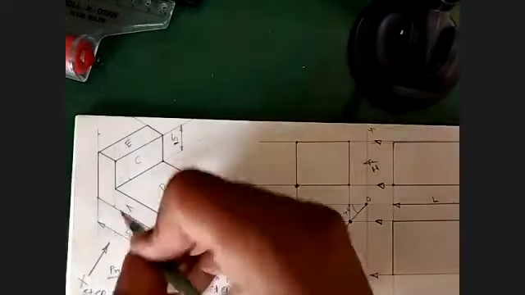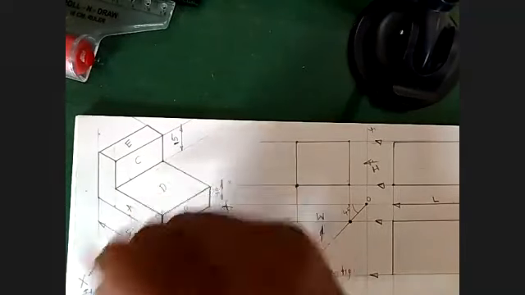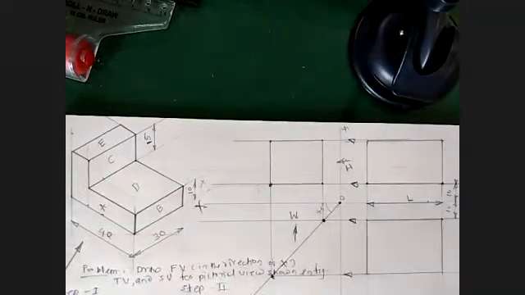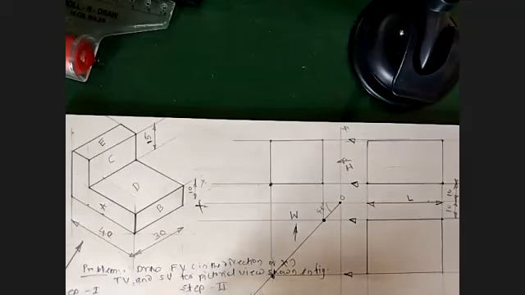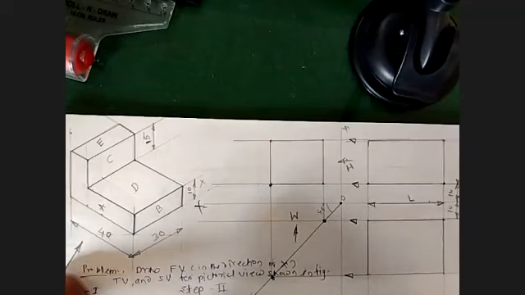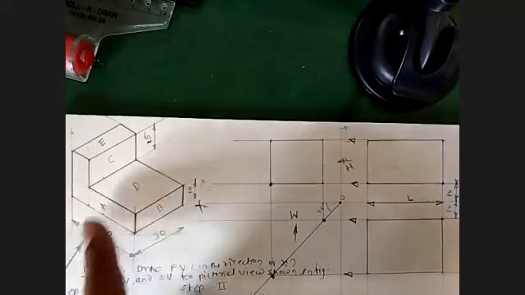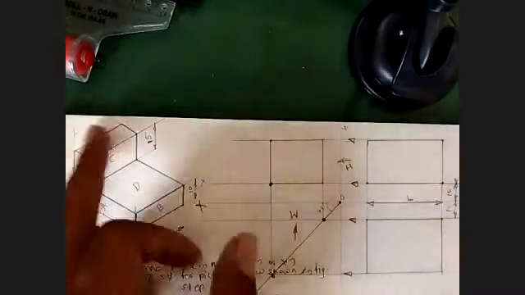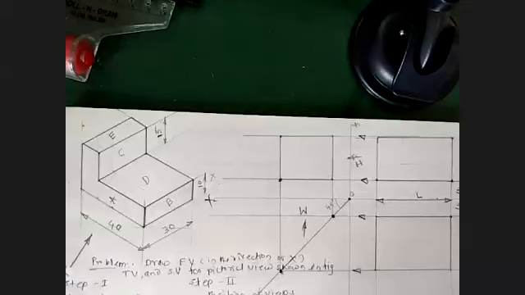Now, with respect to these letters, I can explain better. If the observer is here, which surfaces will be visible in terms of these letters? Let me know. Which surface will be visible? A.